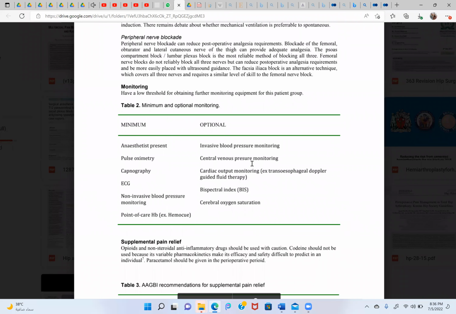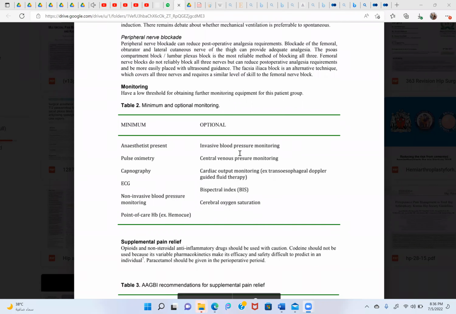In monitoring, in addition to standard 1 and standard 2 monitoring, you will be doing intra-arterial blood pressure monitoring. If there is some indication, you can use the cardiac output monitor, because this patient is also at risk of fat embolism and at risk of bone cement syndrome if they are using bone cement.